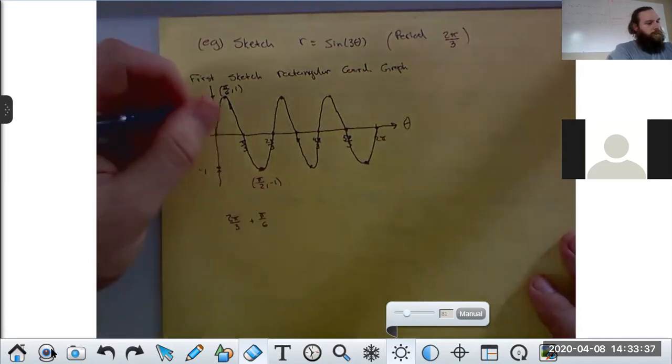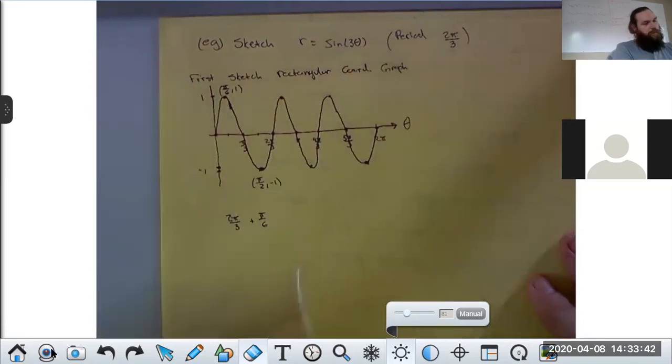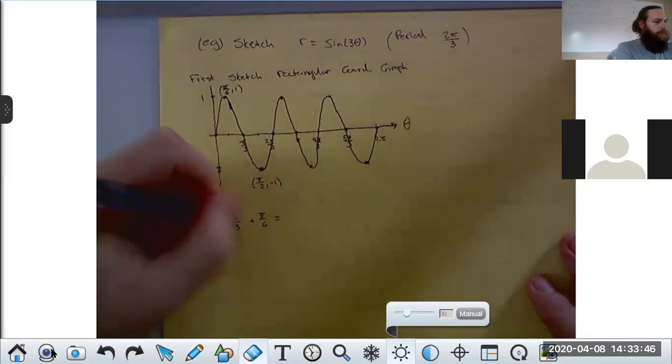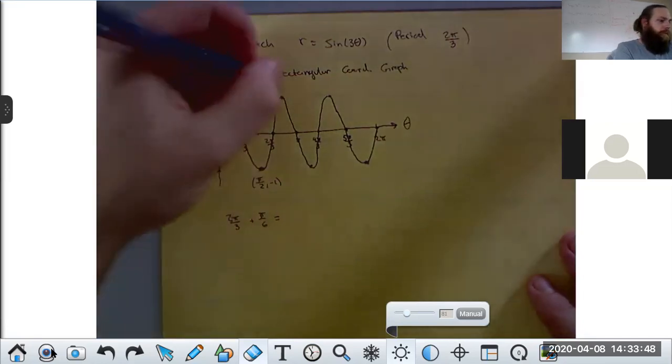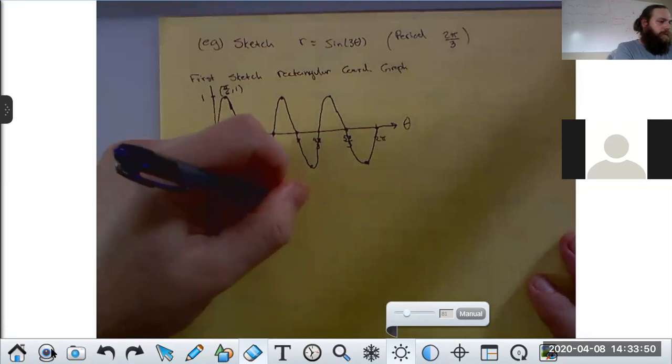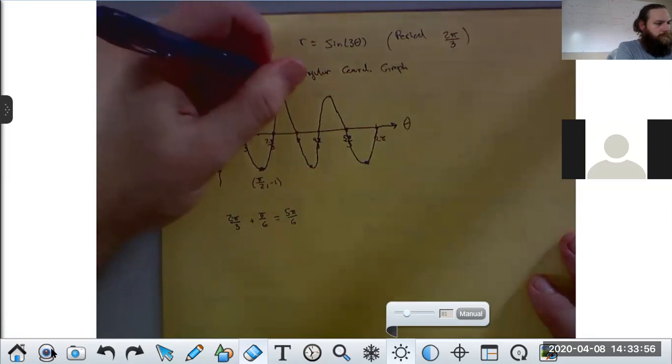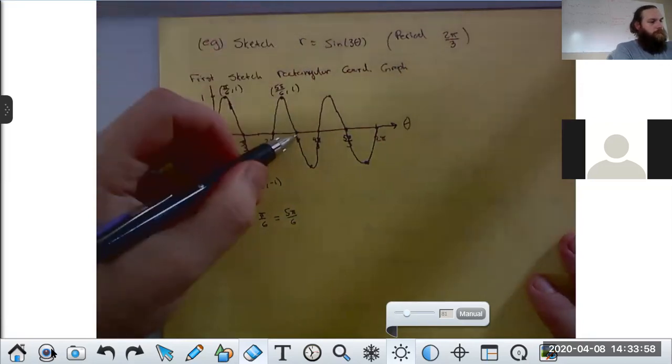Every one of these steps here is of length pi over 6. So that's 4 pi over 6 plus 1 pi over 6 is 5 pi over 6. And then we come through pi.